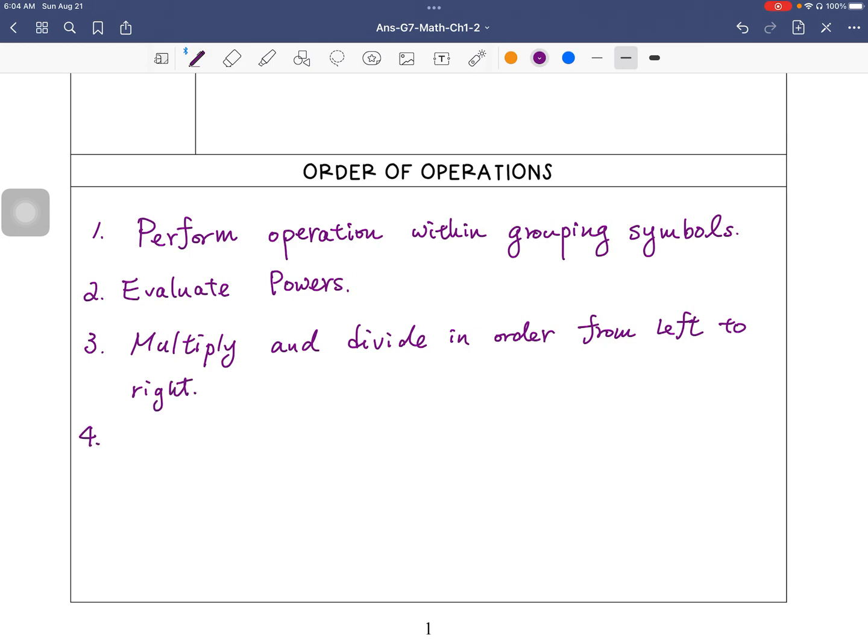And then we add and subtract in order from left to right.